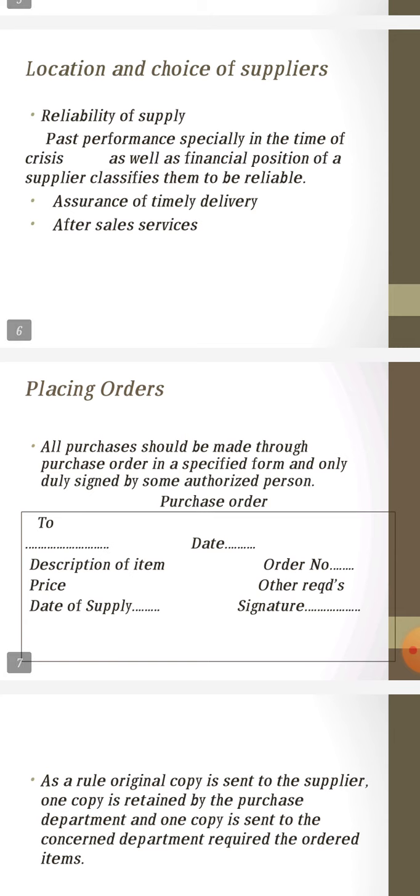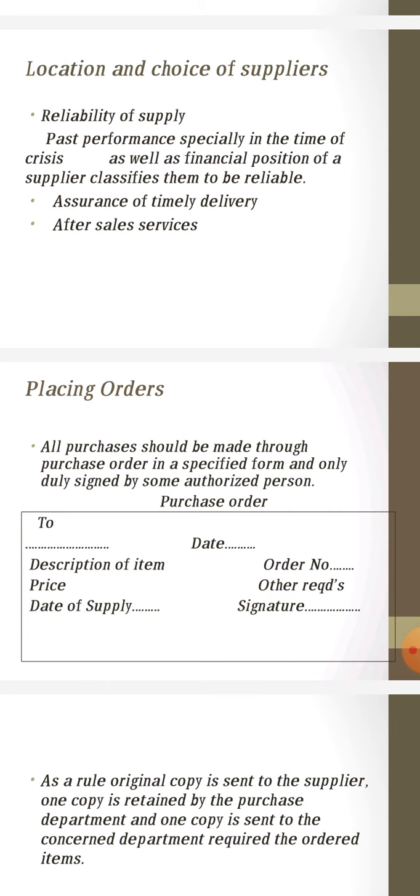Next is placing order. How we are placing the order for purchasing materials. Our purchase order should be in a form that states from which supplier you are going to get the material, the date and description of an item, the price, the date on which they are going to supply, the signature, and how much of the items we have ordered as a requirement.